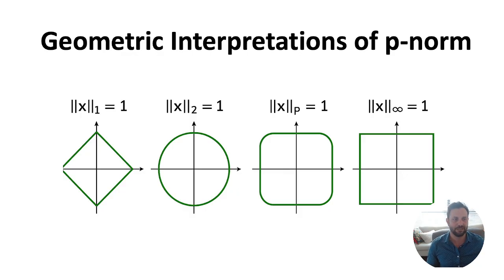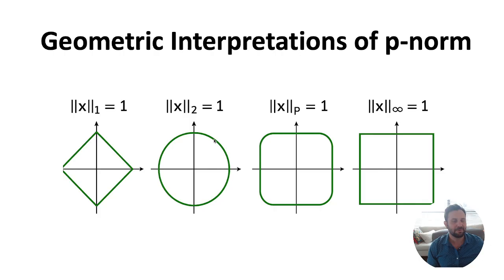The square root of the sum of squares of its entries. It means the square root of x1 squared plus x2 squared is 1. So by the definition of a circle, the set of points whose Euclidean distance is 1 from the origin makes a circle.